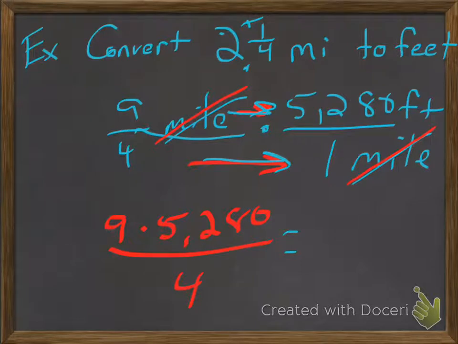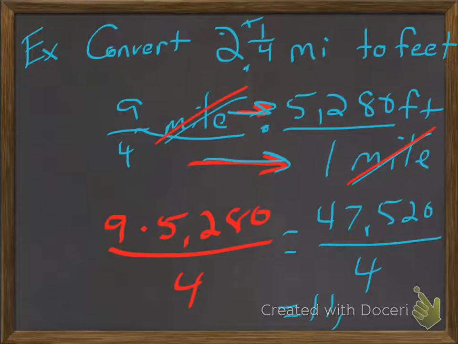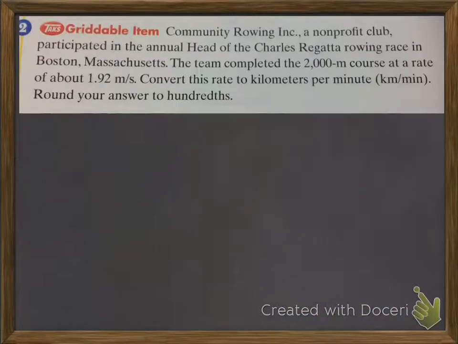If this confuses you, you can go ahead and multiply 9 times 5,280, and you get 47,520 divided by 4. And now you can divide it. And if you divide it, you will get 11,880 feet. That's it. So let's do one more example.